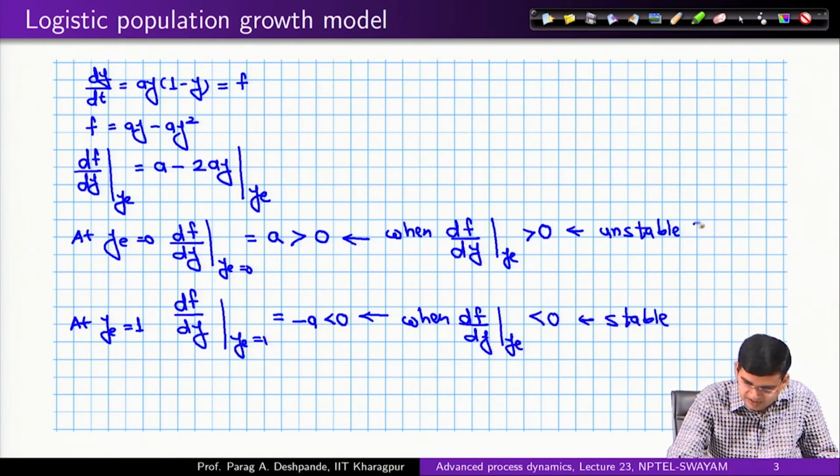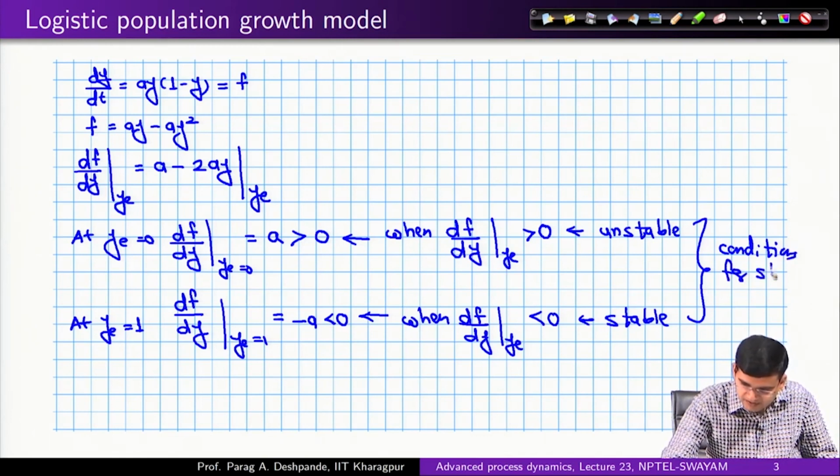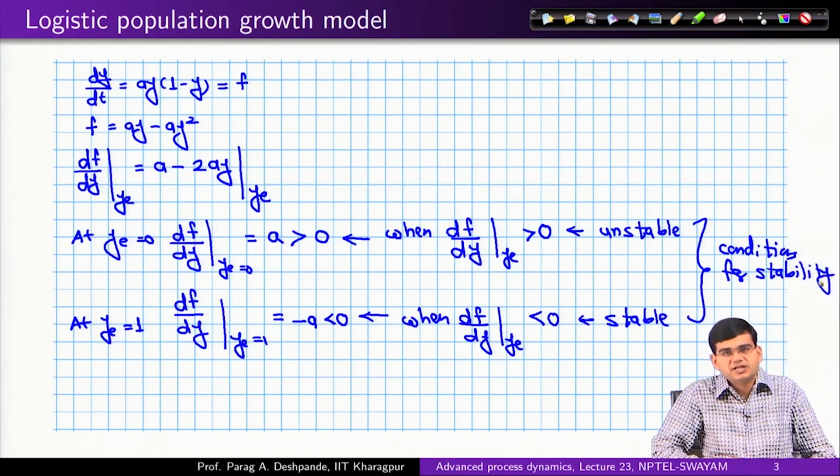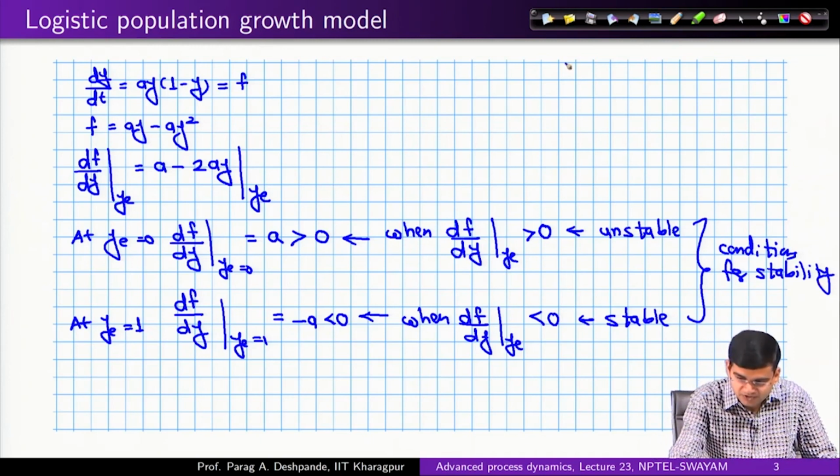These are the conditions for stability. Okay, analytical conditions, and this in fact is what we also saw in the phase portrait.